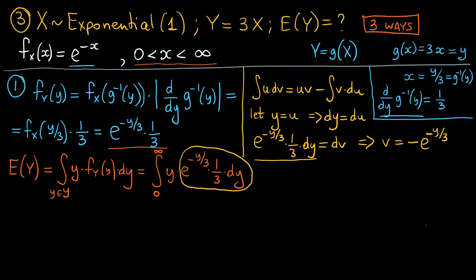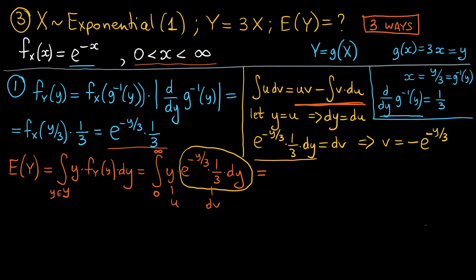Okay, so then let's continue evaluating this expression here. So again, this is our u, this is our dv. So by the formula now, we'll have that equal to uv minus integral v du.